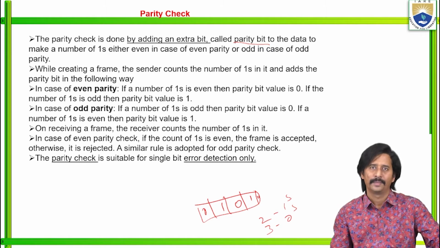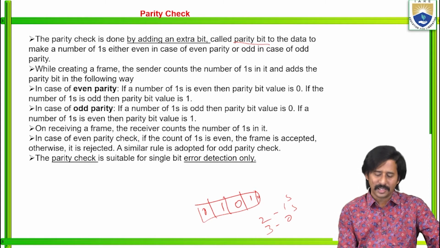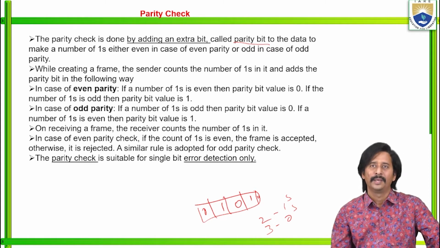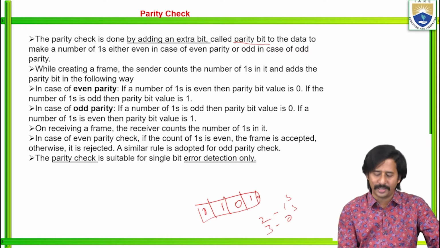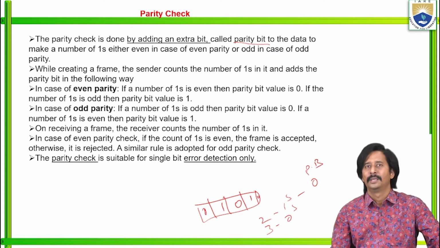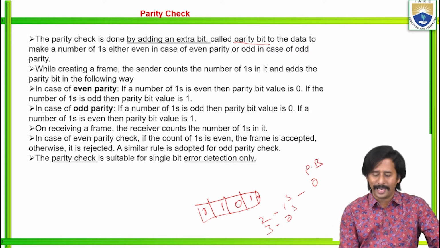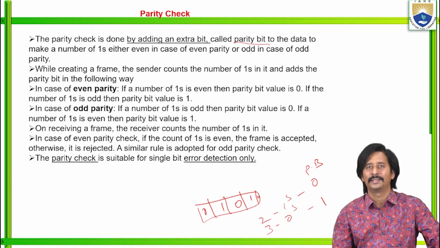For example, in case of even parity, if the number of ones is even, then the parity bit value is 0. If the number of ones is odd, then the parity bit is 1. Simple logic.